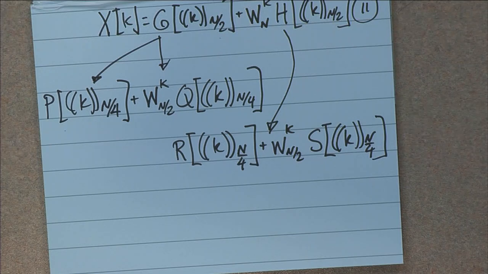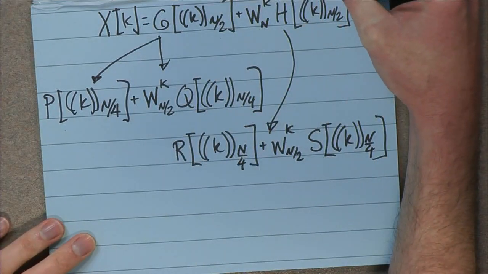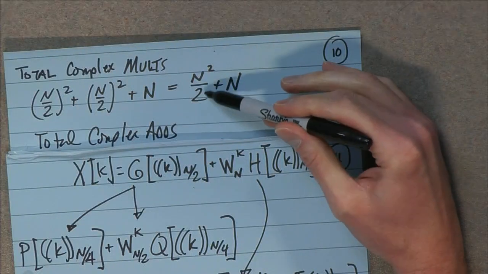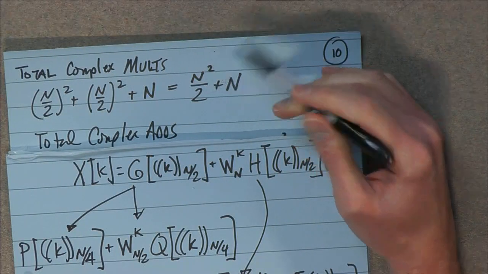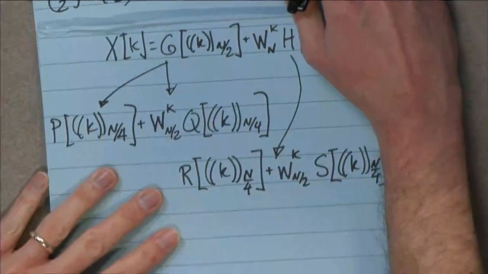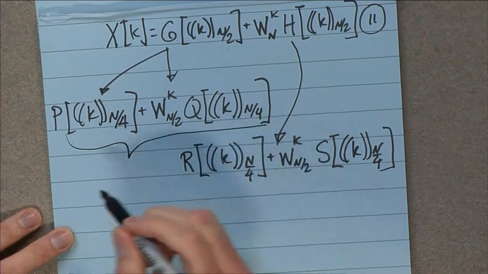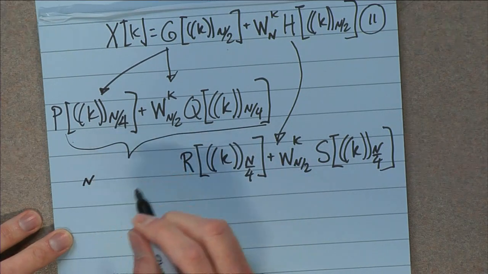This is probably our last move down here. But since we know the complex mults for those two n over 2 sequences is n squared over 2 plus n, we can just replace n with n over 2 again, right? And so we'll end up with, this guy's going to be, what?